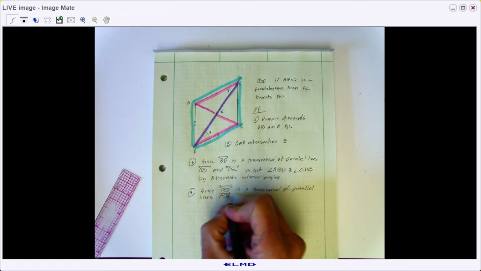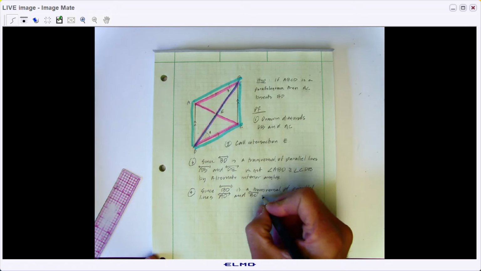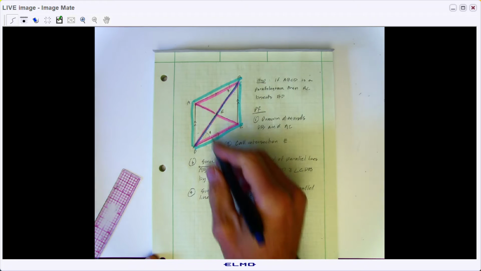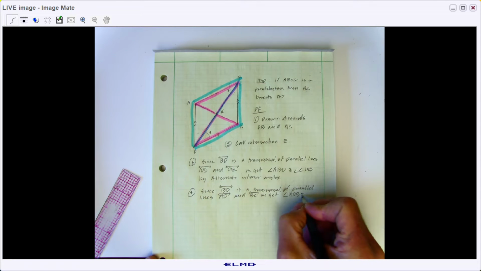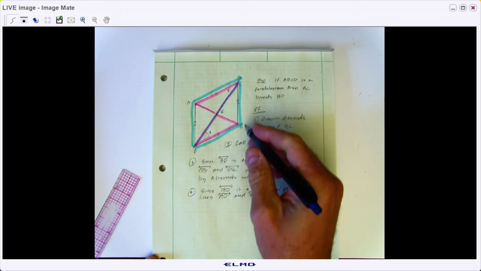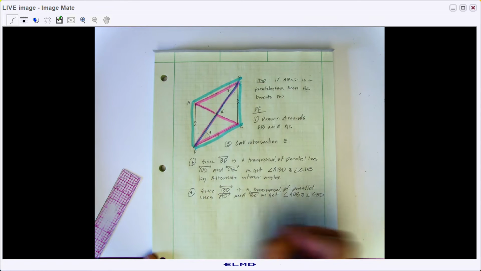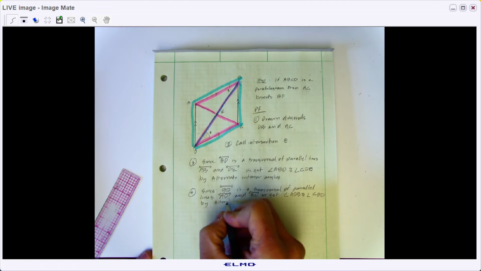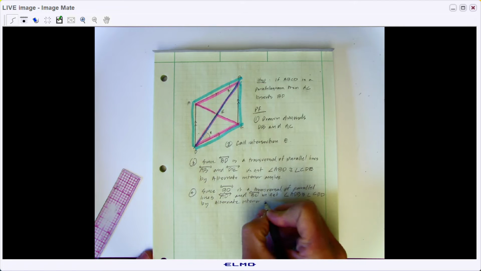AD and BC, we get, let's see, so this will be angle ADB congruent to angle CBD, by alternate interior angles.